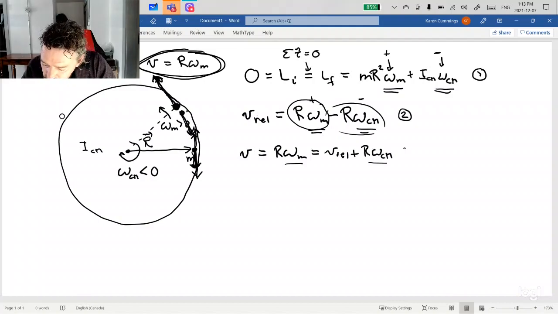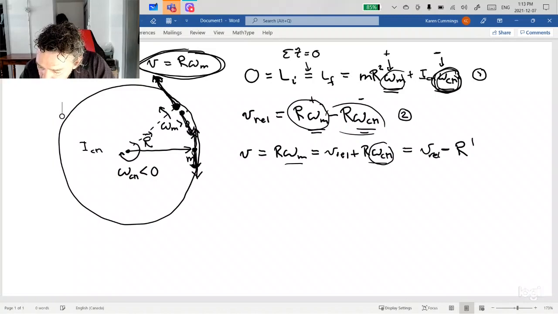Okay, so then we go back and we say, can we express omega cm in terms of omega m? Well, yeah, we have the conservation of angular momentum equation. So omega cm is, just invert this equation. So we get v relative plus r times omega cm is a negative m r squared over I cm times omega m.